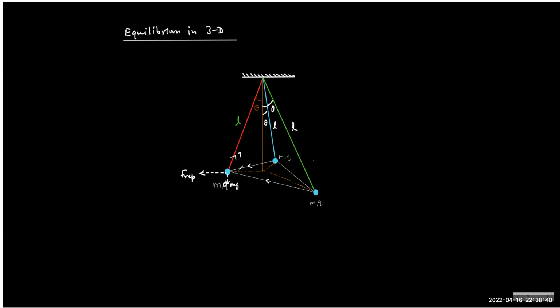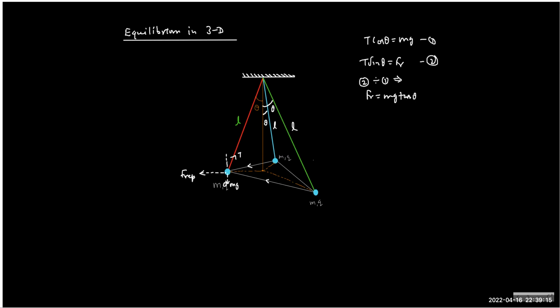So we are supposed to convert this into the equilibrium formula, like T cos theta will be mg and T sin theta will be F repulsion. So the FR will be mg tan theta if you divide 2 by 1. Okay, sir.